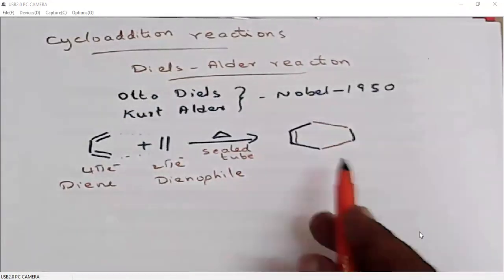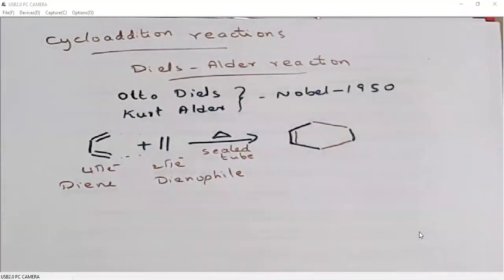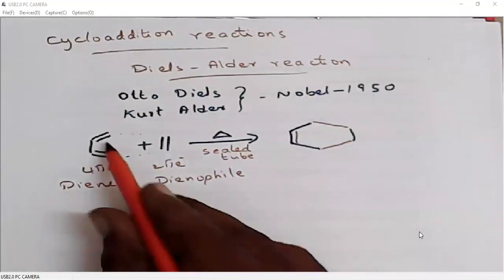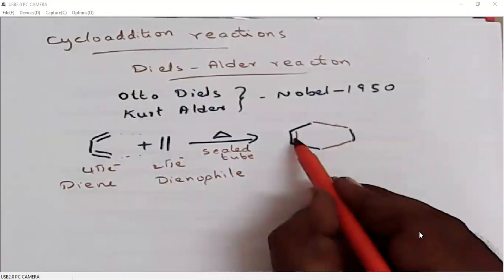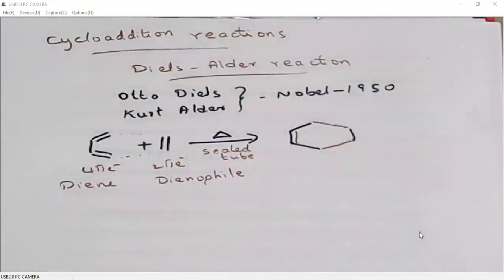So we will get a six-membered ring. Here, three pi bonds are involved, and we are generating two sigma bonds and one pi bond. So this is called a Diels-Alder reaction.